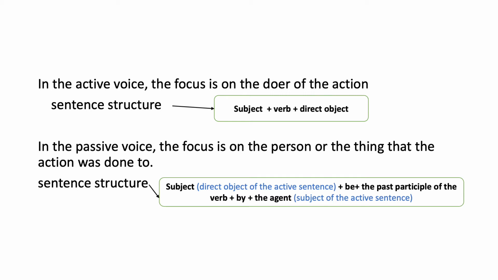But in the passive voice, the focus changes to the person or the thing that the action was done to. So here we are talking about the direct object that we had in the first active voice.